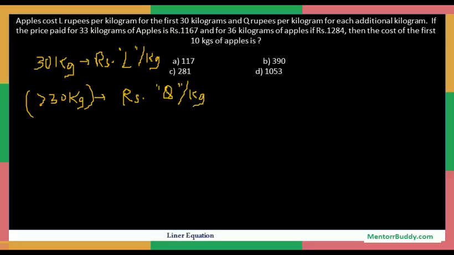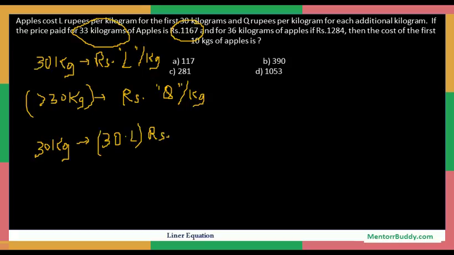Now applying the same logic, the question says that the price paid for 33 kilograms of apple is rupees 1167. So out of 33 kilograms, the first 30 kgs price must be 30L rupees. Why so? Because 1 kg is for L rupees, then 30 kgs will be for 30L rupees, and the remaining 3 kgs will be for 3Q rupees, and the total cost was rupees 1167.